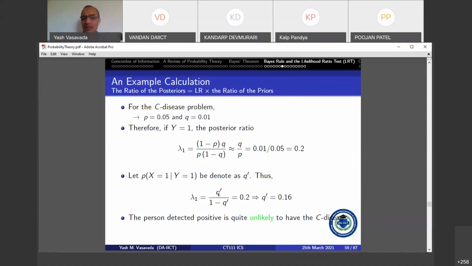But then if I take the test, my test result comes out positive, my belief about whether I have the disease went up. It became 0.16. But I will still say that I don't have the disease because this lambda 1 is less than 1. Why? Because 1 minus Q prime is 0.84. So I would obviously go with the higher probability situation.